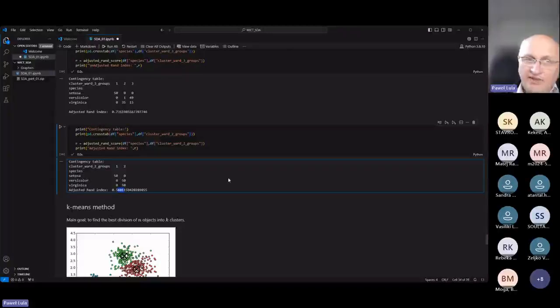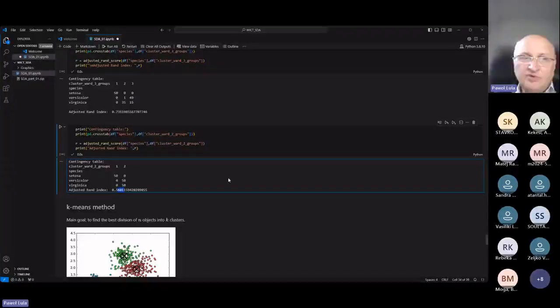So we discussed methods which we can use when we want to obtain a dendrogram. But of course, there are some other types of methods.